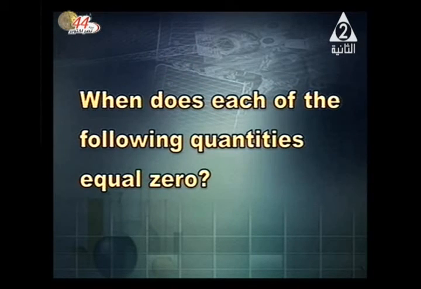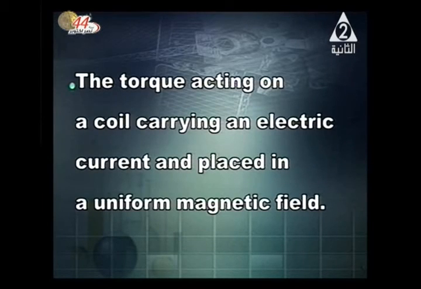Another type of questions: when does each of the following quantities equal 0? The torque acting on a coil carrying an electric current and placed in a uniform magnetic field. When is the torque 0?